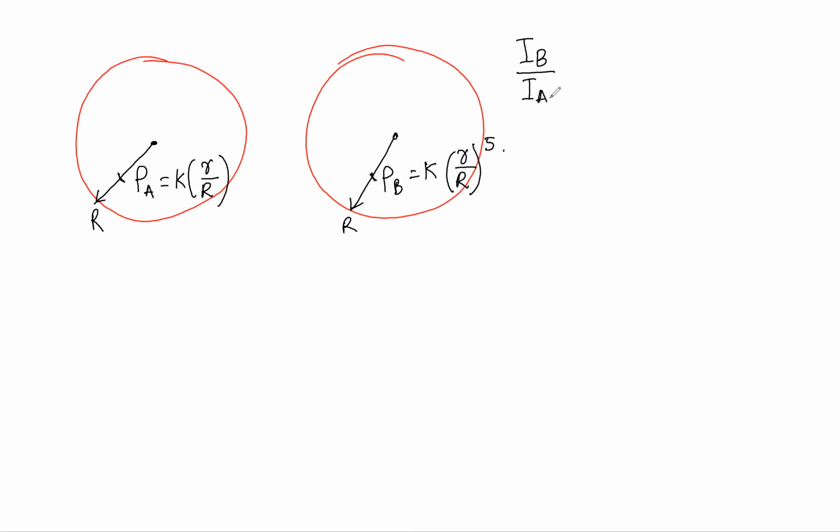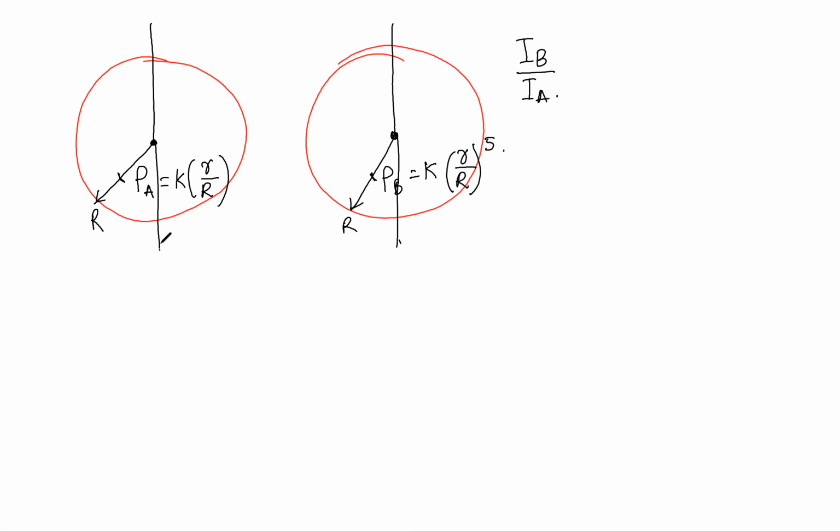Except in the first sphere, the density at a point r is equal to K into r by R. And in the second sphere, same radius, rho B is equal to K into r by R to the power 5. So it's asking you, what is the moment of inertia of B divided by A, about the axis through the center of the sphere?